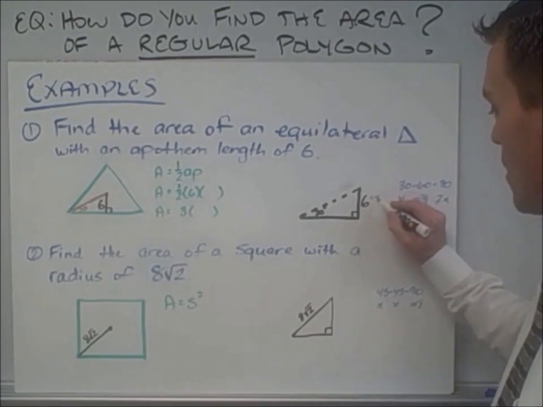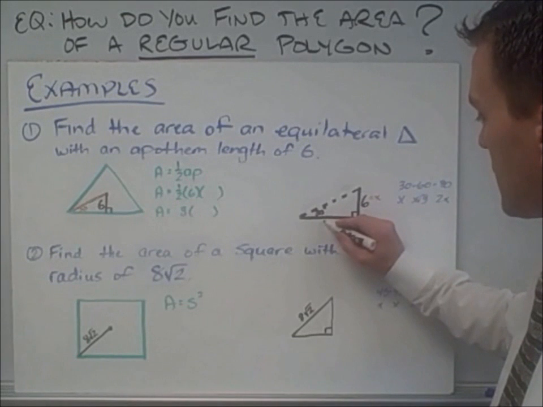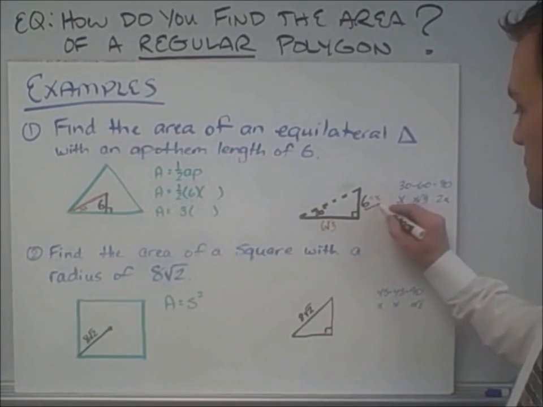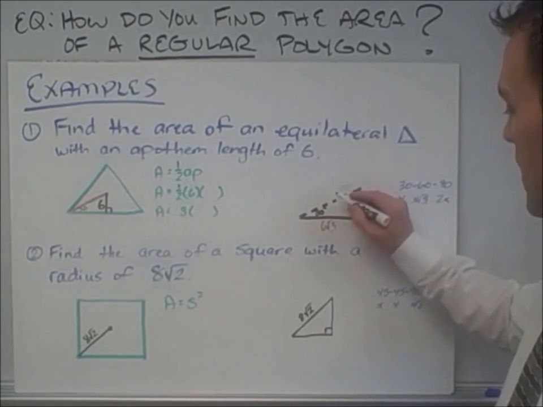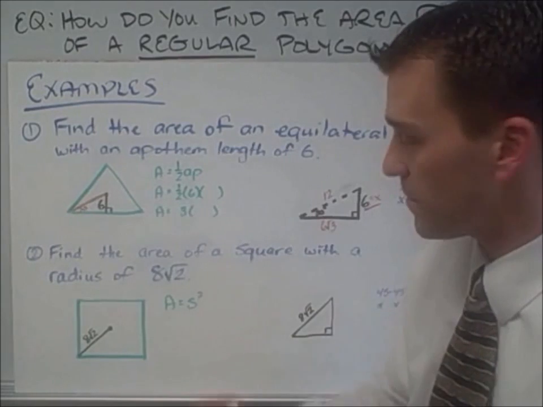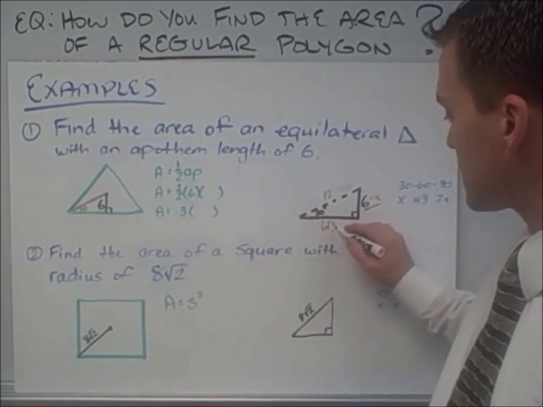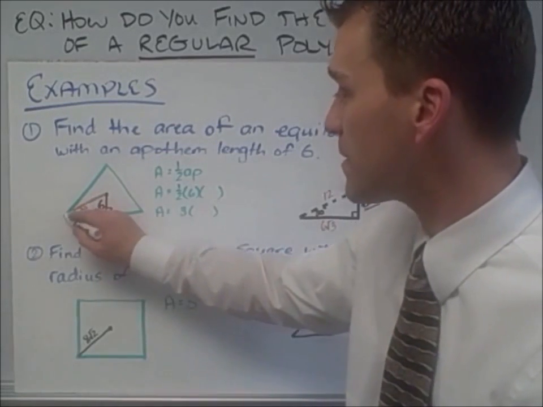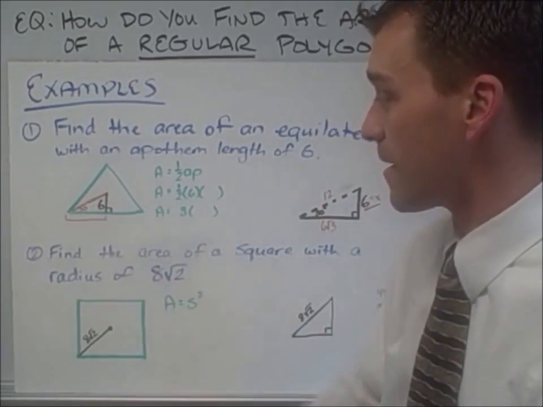Across from the 60 degree angle down here would be the x root 3, which is 6 root 3, with 6 as x. And then across from the 90, not that it matters so much, but this would be 12. Doesn't matter at all, because all we needed to find was the perimeter. So now we found this to be 6 root 3, but be careful, 6 root 3 doesn't go in here. 6 root 3 is only this distance from here to there.